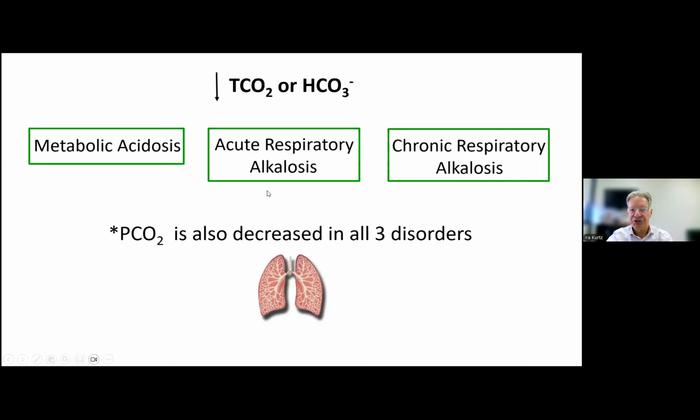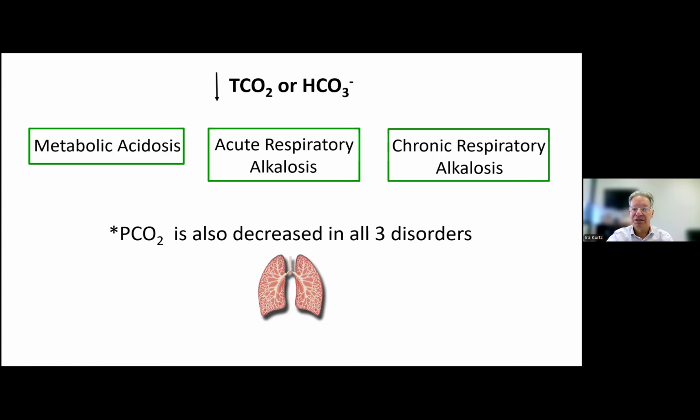You should note also that in all three acid-base disorders, not only is the total CO2 or bicarbonate decreased, but the PCO2 is also decreased. All three have a drop in the bicarbonate and the partial pressure of carbon dioxide. If they go in opposite directions, then you know a priori you don't have a simple acid-base disorder.